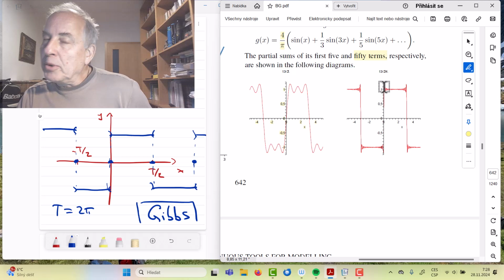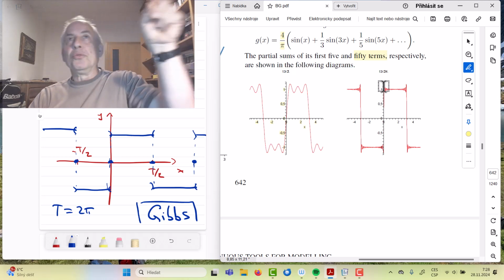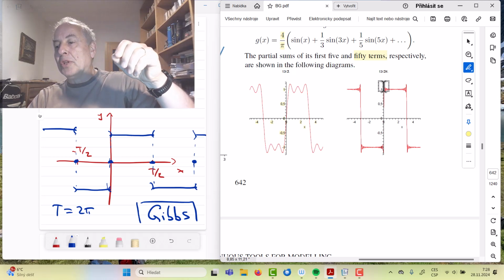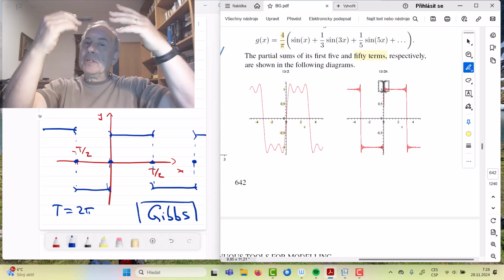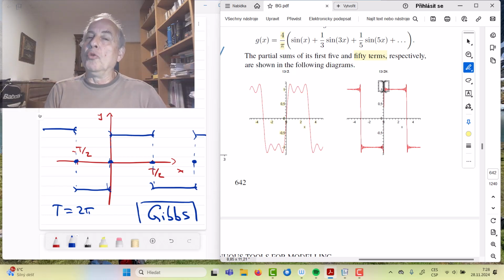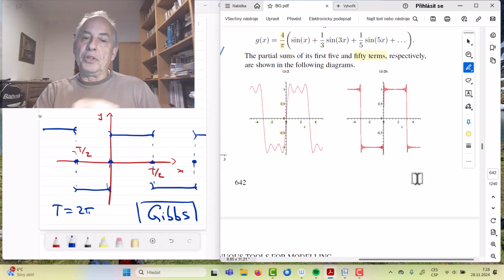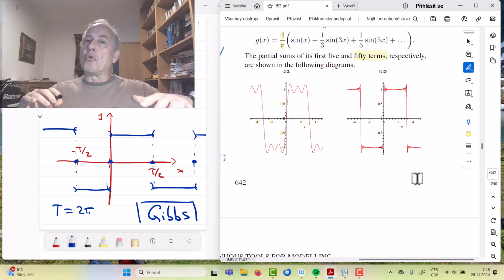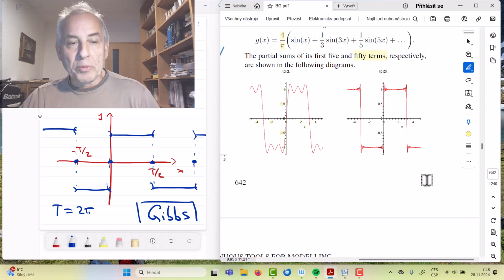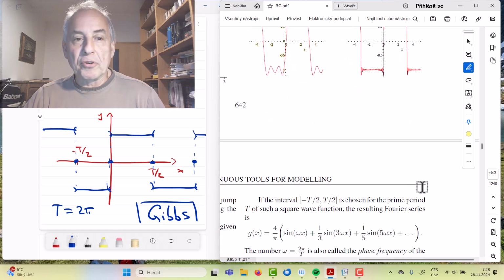After some time the overshoot will be pushed closer to the jumping point, so you will get any precision you want by the approximation, but it will be pretty slow. Whereas, as we said, in case of continuous functions, the convergence of the Fourier series will be pointwise uniform. So it will converge uniformly, which is a big difference.